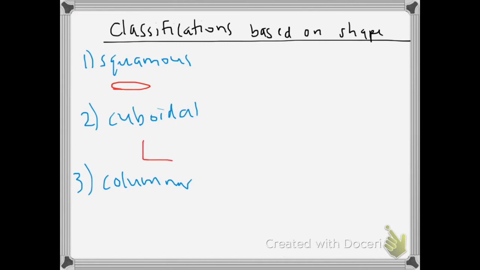This is a cuboidal cell. So what is that? Cuboidal means that it's the same height as it is width. And here's a nucleus in there. And then columnar means that they are longer than they are wider. Now, whenever I'm drawing cells, I'll do a line like this, just so I can remember.